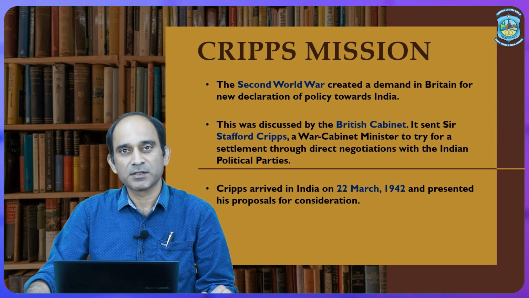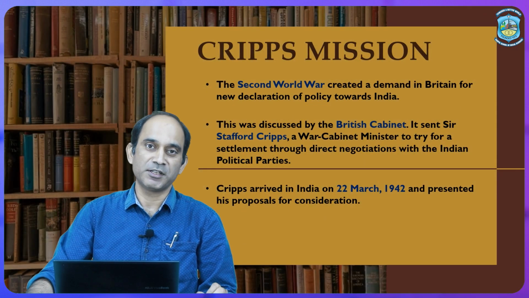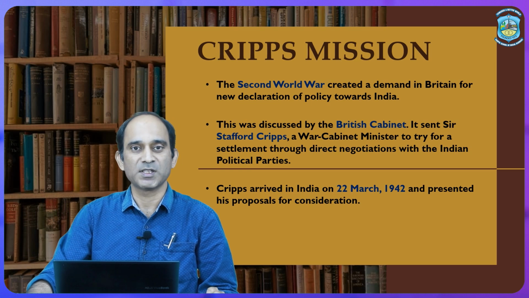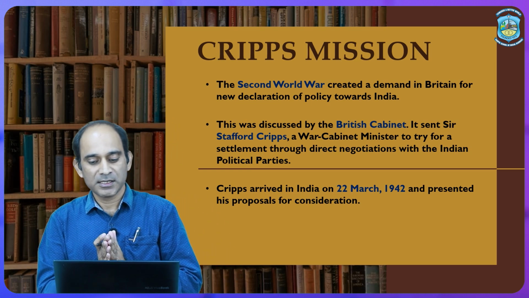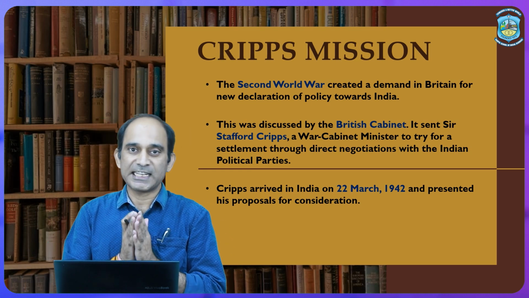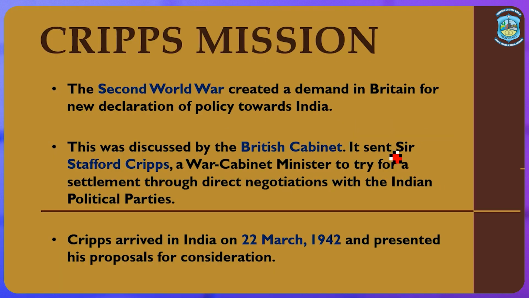The Second World War created a demand in Britain for a new declaration of policy towards India. Because of this new direction, the British cabinet decided to send Sir Stafford Cripps, who was a war cabinet minister at that time, to try for a settlement through direct negotiation with the Indian political parties.